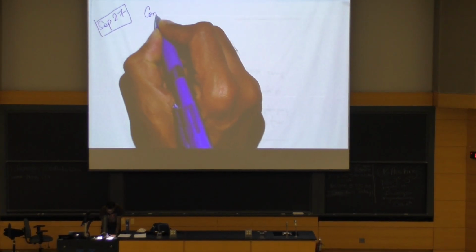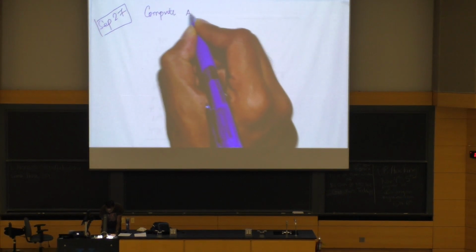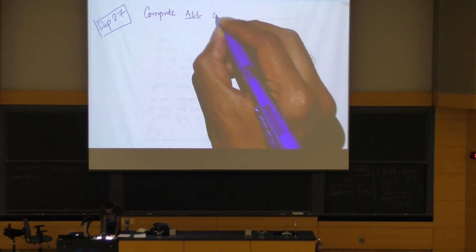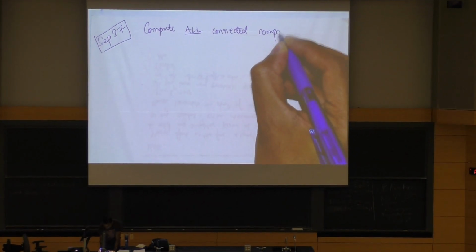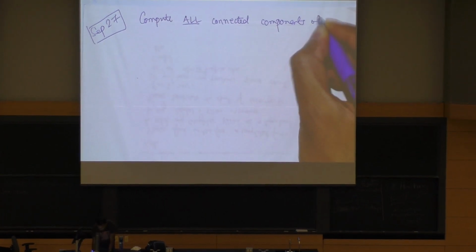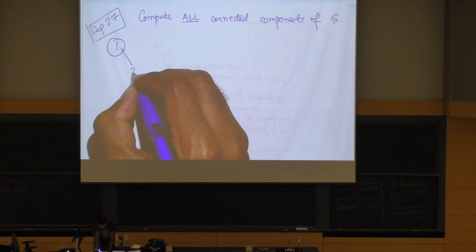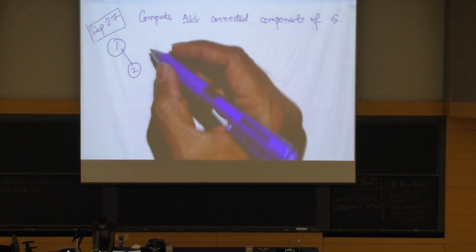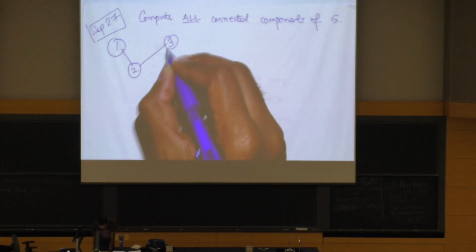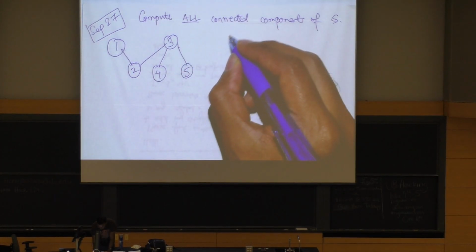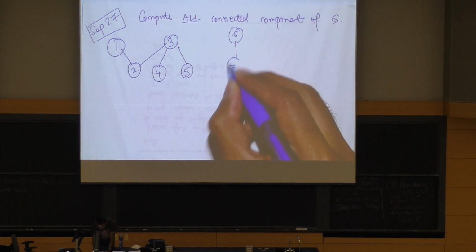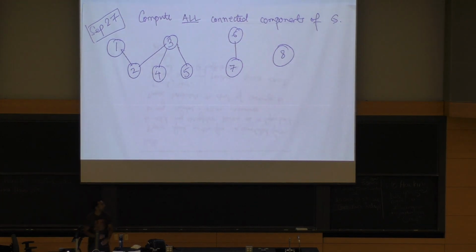So again, we want to compute all connected components of G. And here's one example which has 8 vertices in total. Okay, so this is my input graph.